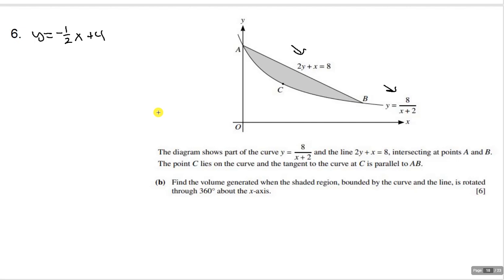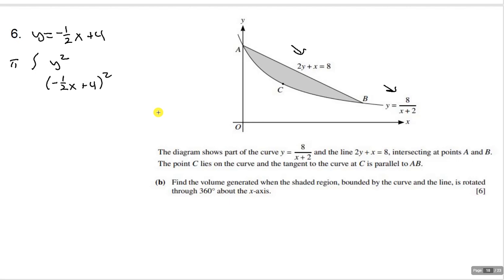And remember, when we're doing volume, we take y and then we square it, and then we multiply it by pi, right? Now, in this case, y is not squared, so the first thing we're going to have to do is square this. So let's do this, -1/2 x plus 4 squared.